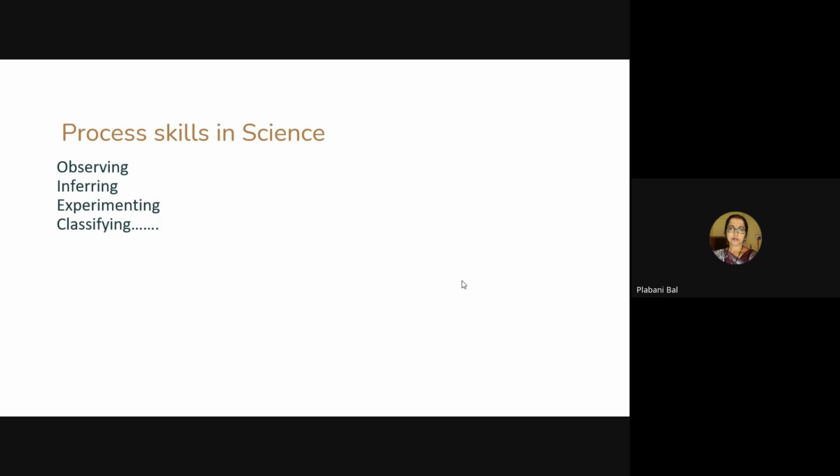They will identify what is there in the object, what the similarities are, and what the differences are among the objects, events or phenomena. They will interpret the result on the basis of their observation. They will also recognize the order or sequence that takes place in an event.